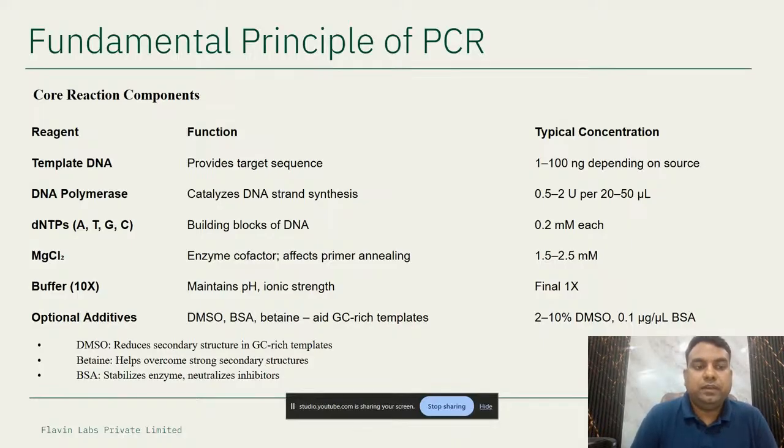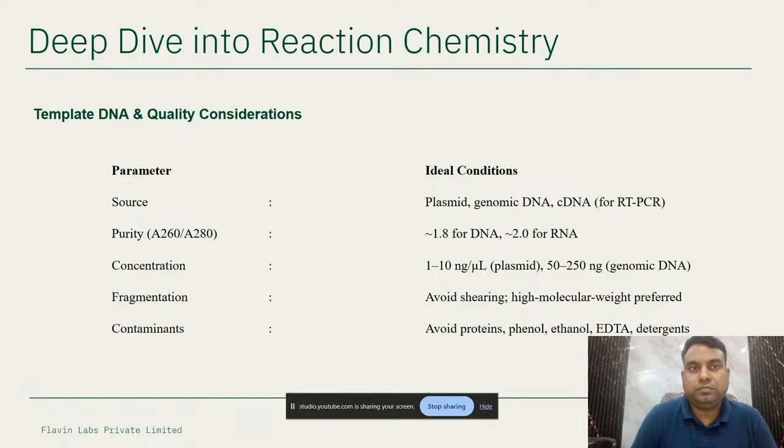We need them many times because whenever we isolate DNA from any plant or animal sample, there might be some amount of secondary metabolites or components known as PCR inhibitors. DMSO reduces secondary structure in GC-rich templates. Betaine is used whenever we have strong secondary structure, and BSA stabilizes enzymes and neutralizes the inhibitors.